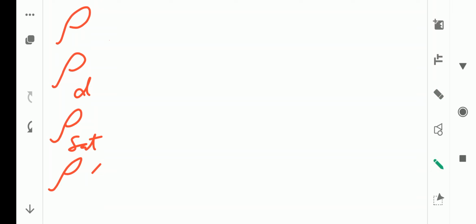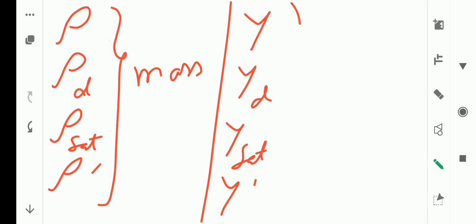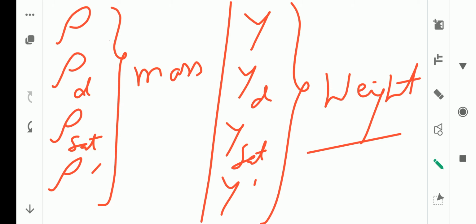And these all are defined in terms of mass. We must also know bulk unit weight, dry unit weight, saturated unit weight, and submerged unit weight. All these have been defined in terms of weight, right? So this is the basic difference between density and unit weight, right?